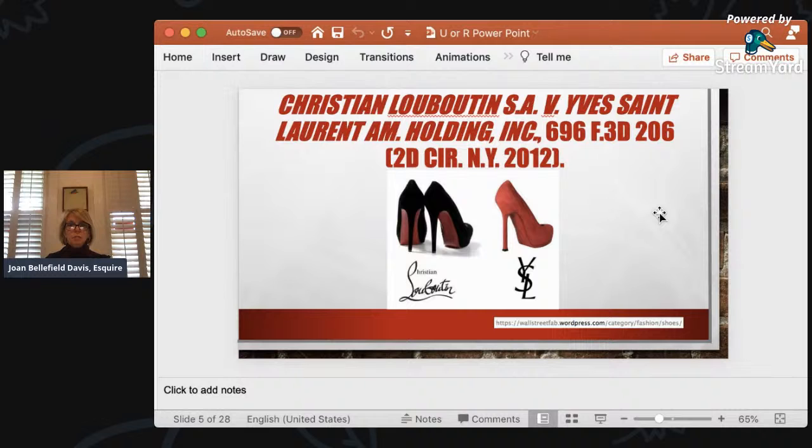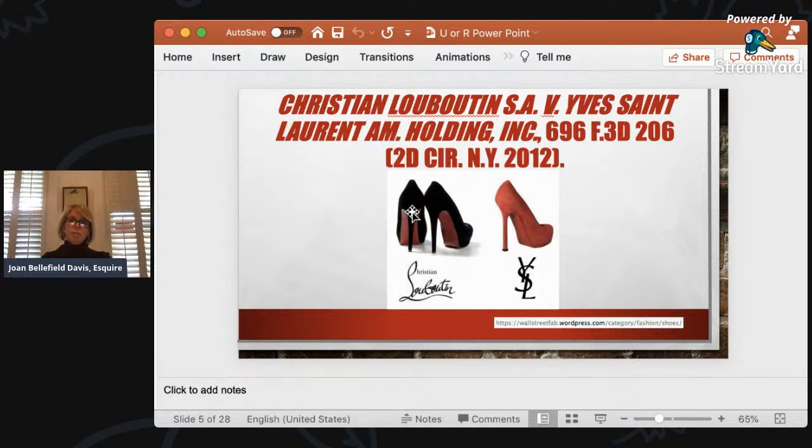So the case is Christian Louboutin versus Yves Saint Laurent. The case is out of the Second Circuit in New York. I don't know if any of you have ever heard about this case, but what happened was Christian Louboutin, who's a famous maker of women's shoes, created this shoe with a red bottom.